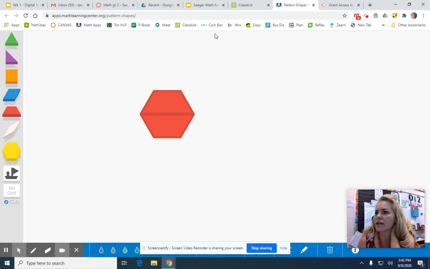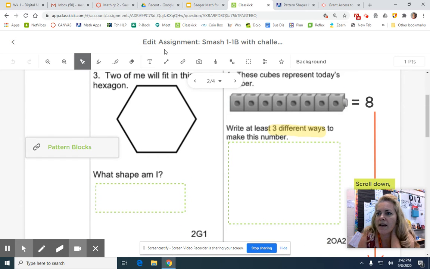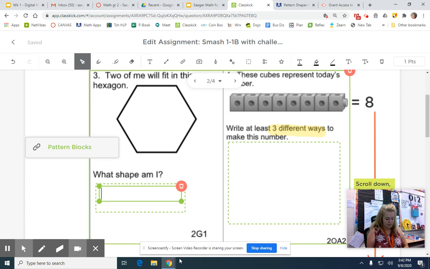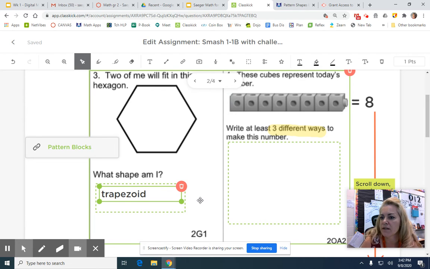So I would have filled in for what shape am I. I'm going to use a text box because I'm not in a place where I can type like you would be. Okay, so I'm just typing in, it's a trapezoid. It takes 2 trapezoids to fill the hexagon.